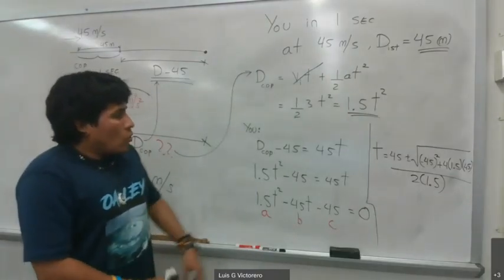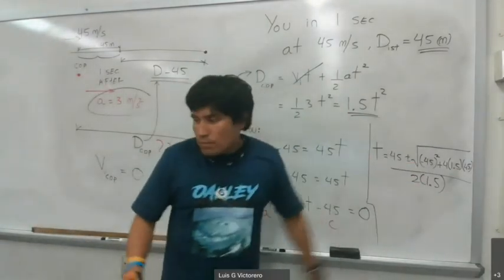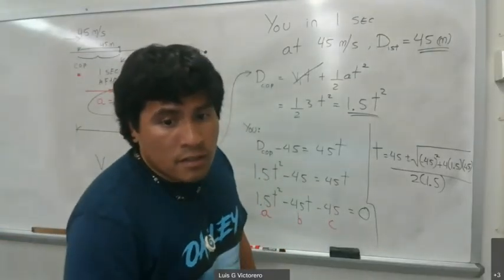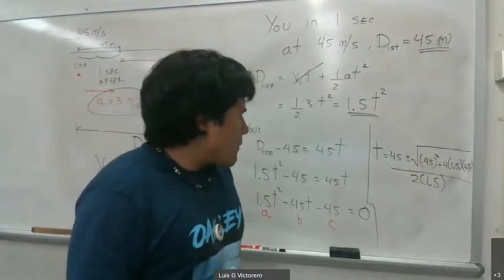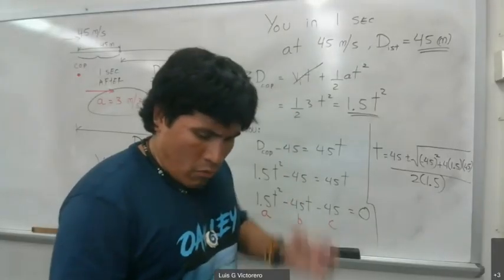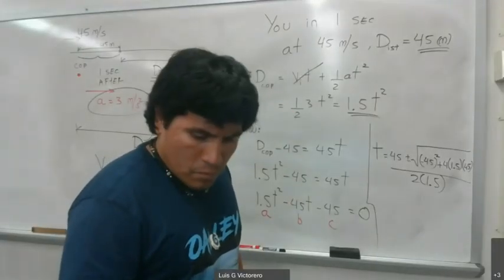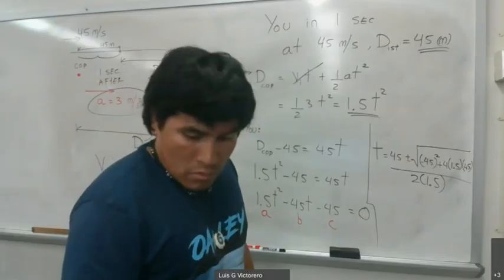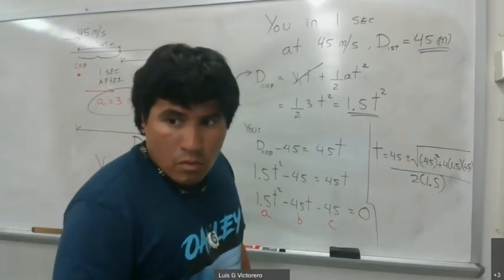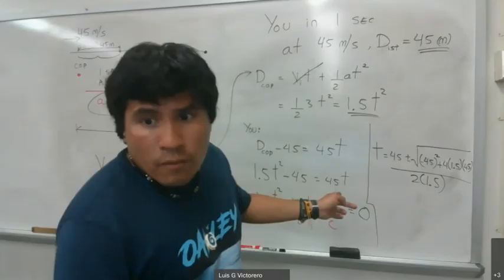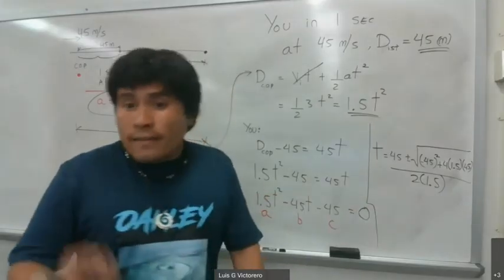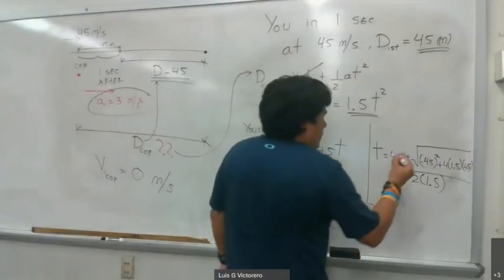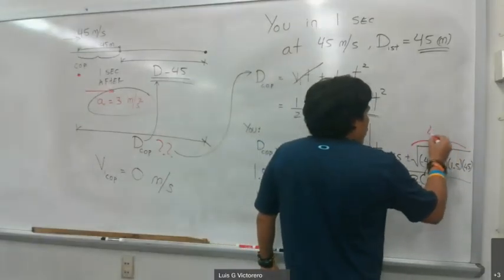And let's take a look at the square root, the discriminant. It will give us a large number, right? 270. Okay. The square root is 48, rounded.